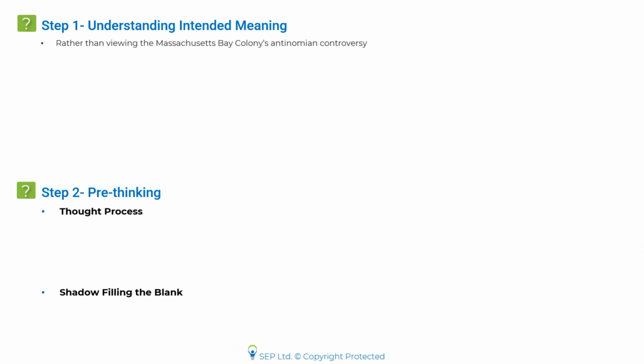Now, let's say I don't know what antinomian is. I could break it up and think of something with anti and nomian, but let's not get into that. What is important is controversy, right? So, rather than viewing this controversy, all right. And what is controversy?